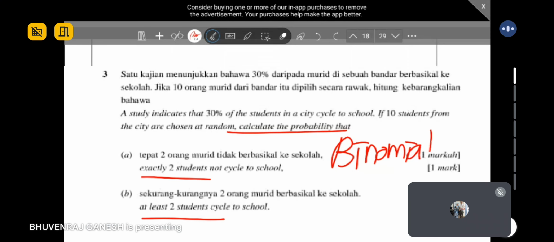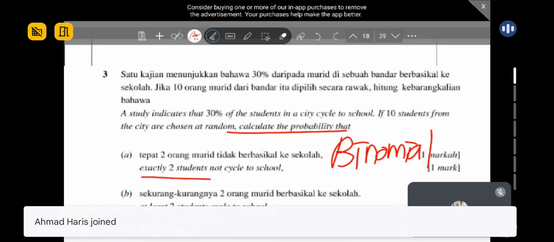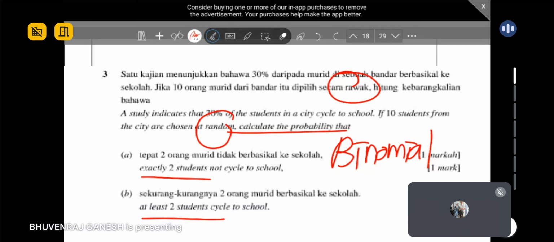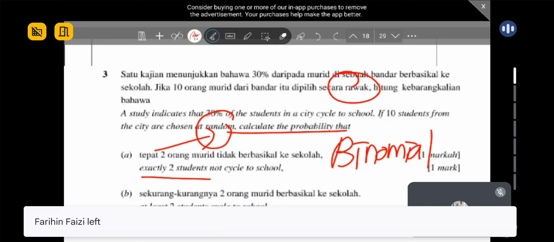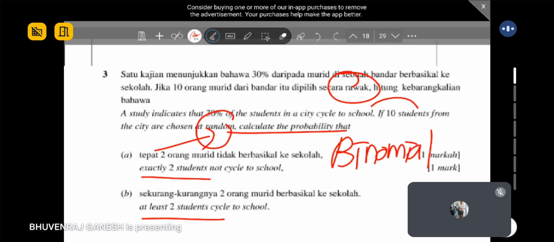Okay, macam mana soalan tu tanya? Kamu tahu dah. Okay, because random. This is the keyword, guys. Okay, bila kamu nampak dipilih secara rawak, itu adalah kata kunci bagi binomial. Okay, this one is the keyword. Remember, random.